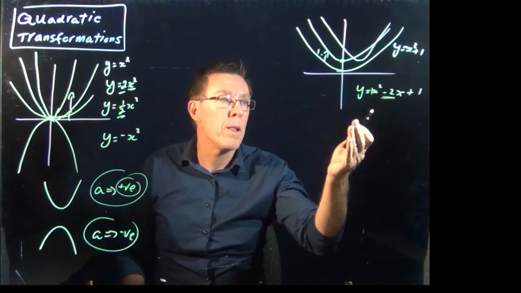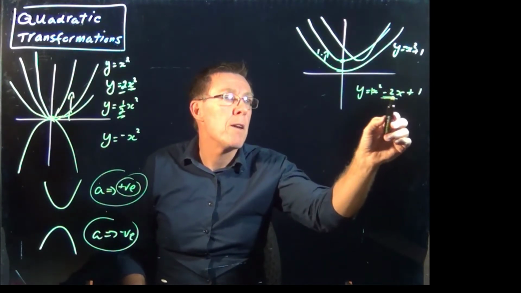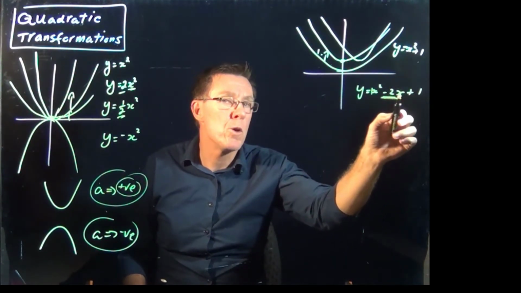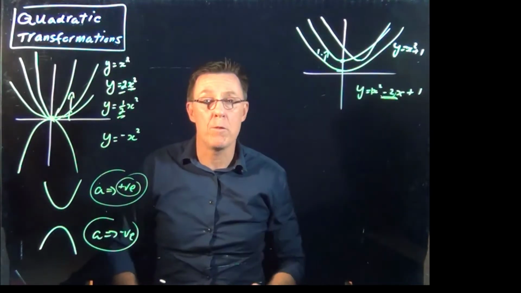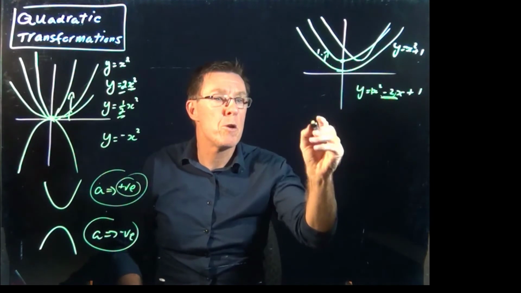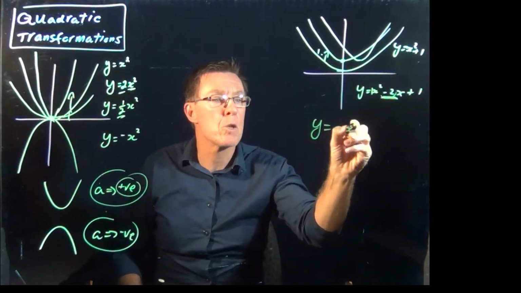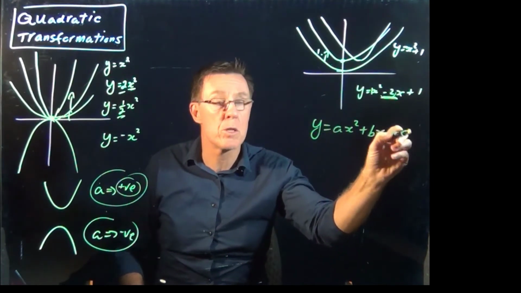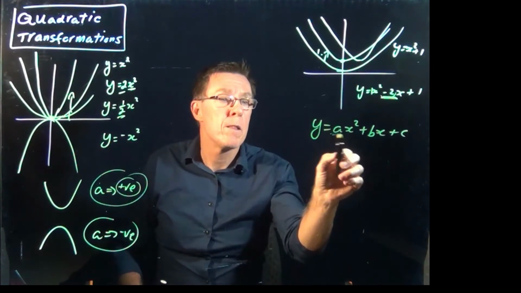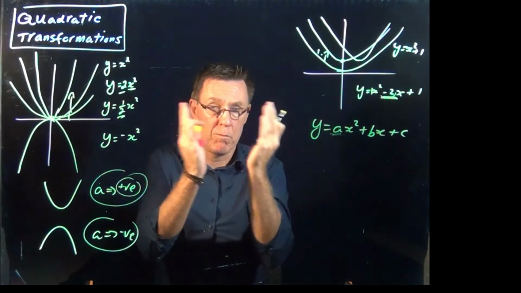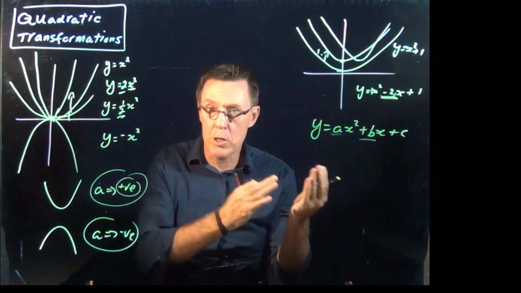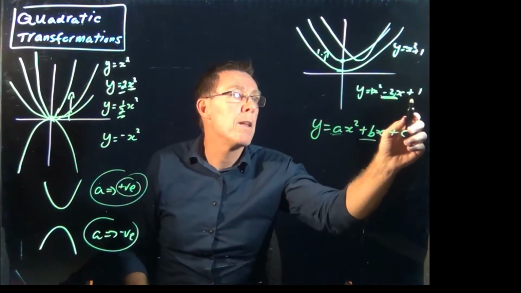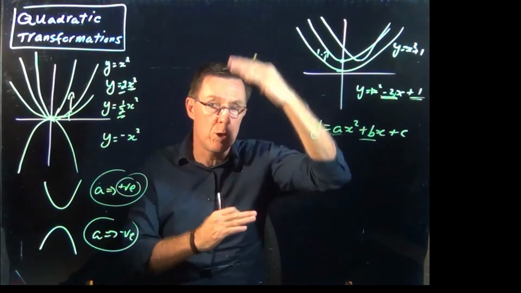We'll look more about that later, but having this x term here and its coefficient will have the effect of moving the graph left and right. So when it's in its general form of y is equal to ax squared plus bx plus c, the a value controls its dilation. The b value is going to have an effect upon its shift left and right, and the c value is going to affect its shift up and down.